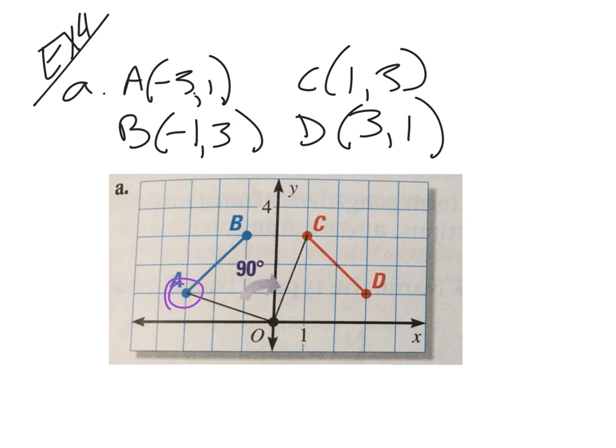So I compare A to C. Measure it from the origin, you see that the distance from the origin doesn't change, and then how far did it rotate? It is a 90-degree angle. So which way did it rotate? 90 degrees clockwise. Yes. So this thing rotated 90 degrees clockwise.